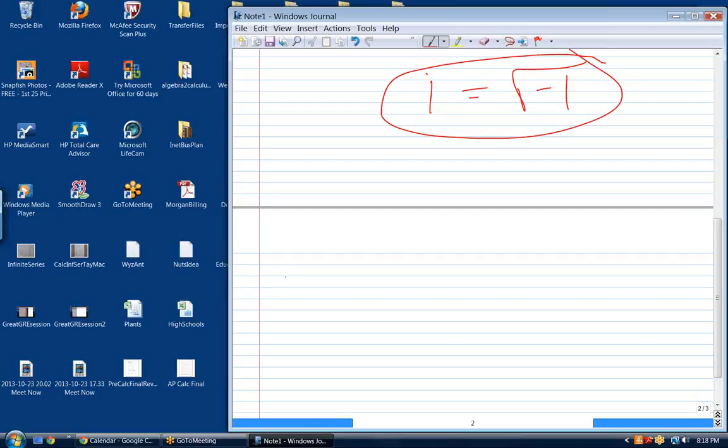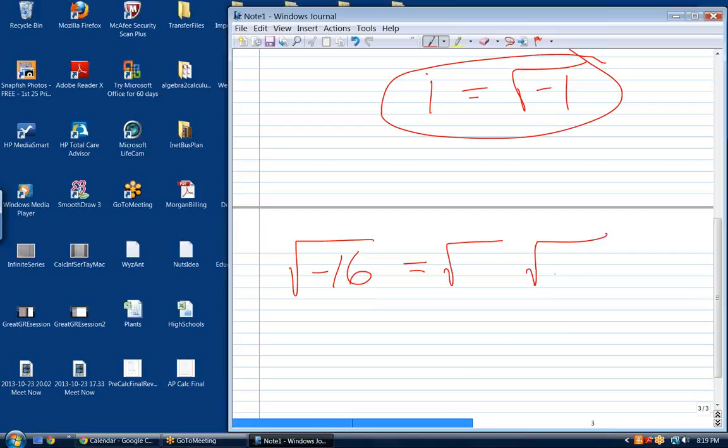So what is the square root of negative 16? Break it up into two. Make sure one of them is always negative 1. So what's the other one? 16.